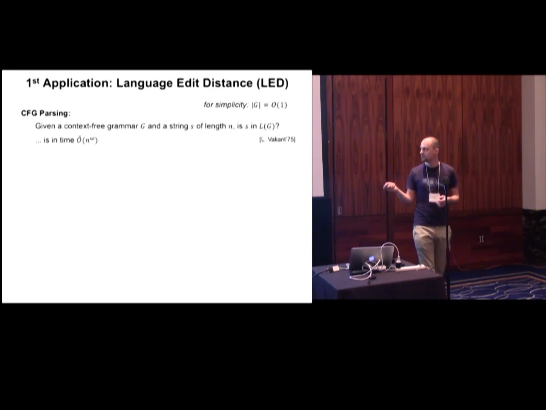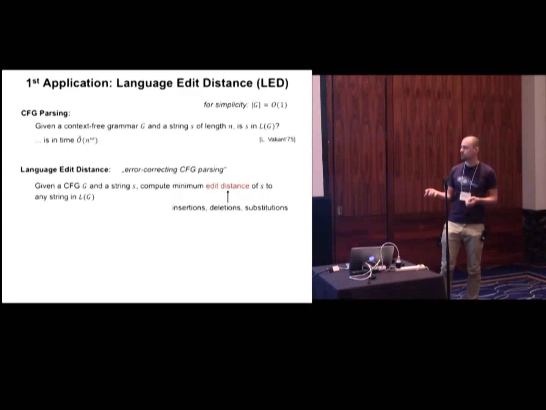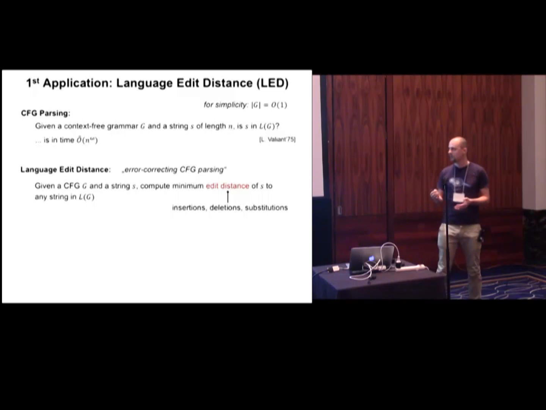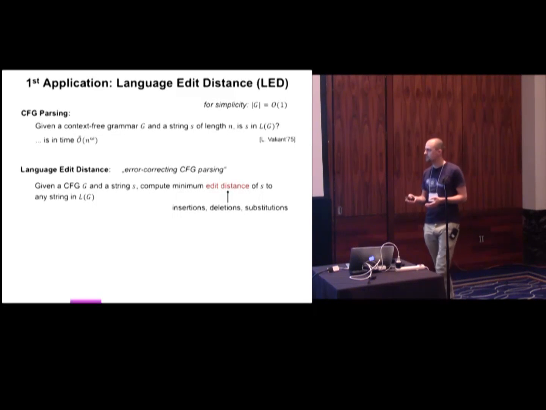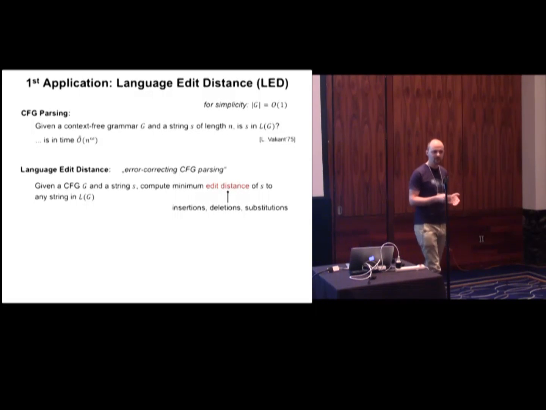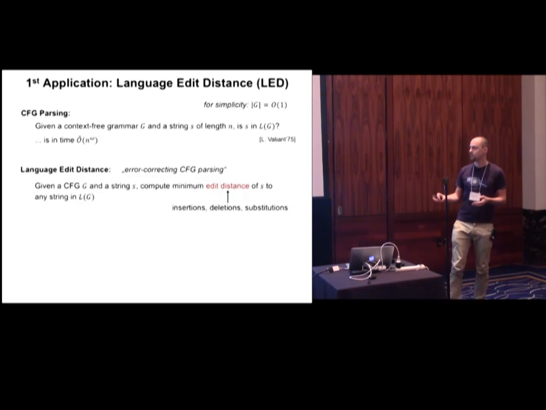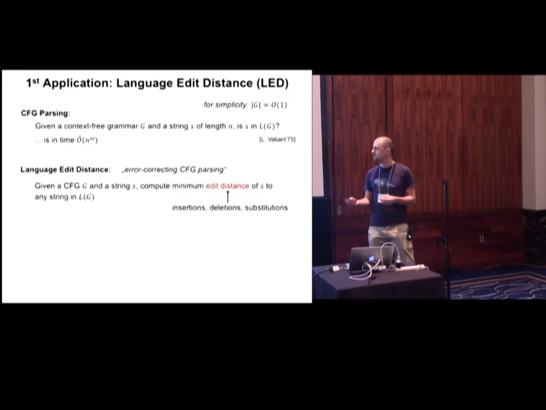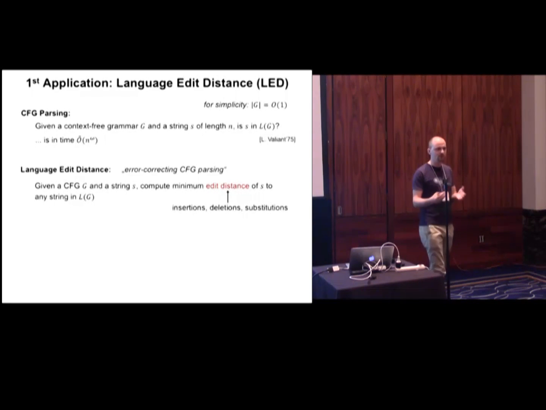Now, we are actually looking at a generalization of this problem called language edit distance, and you can view this as an error-correcting version of parsing. So again, you're given a context-free grammar G and a string S, and now you want to compute the edit distance from S to any string in the language. So the smallest number of insertion, deletion, substitution operations that transforms S into a parsable string.